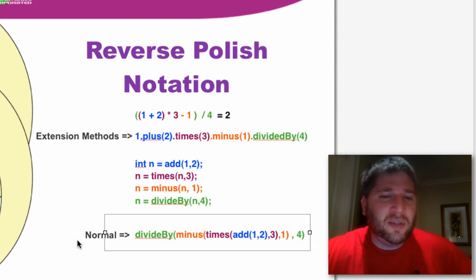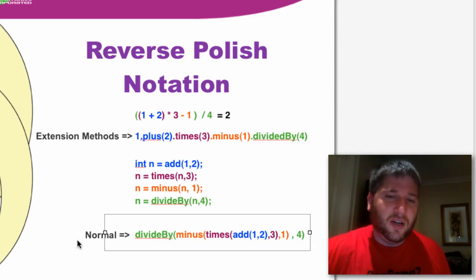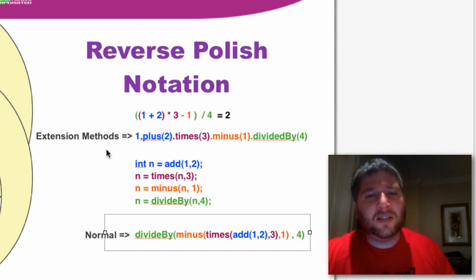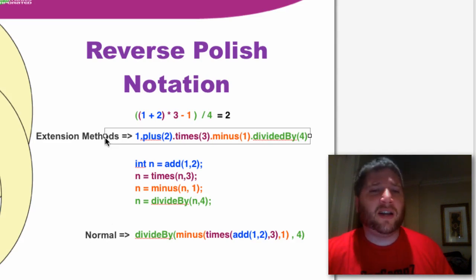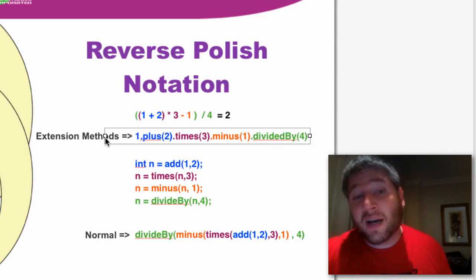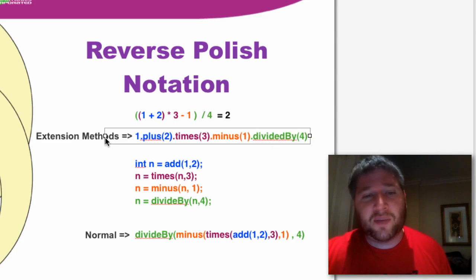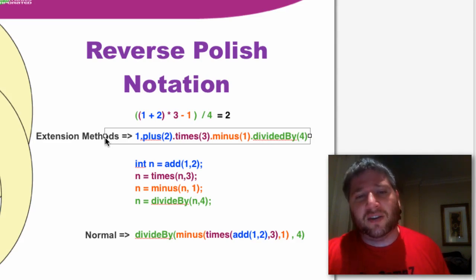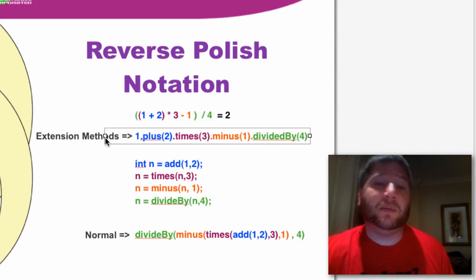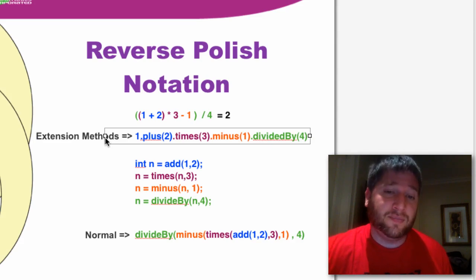So this is how you normally see this weird reverse Polish notation show up in code. And all extension methods are letting you do is write it in a more fluent method, the way you'd write it if you own the object yourself. If you own the object yourself, there's absolutely no need for extension methods. Extension methods just allow you to add this fluent interface to objects that you do not own.